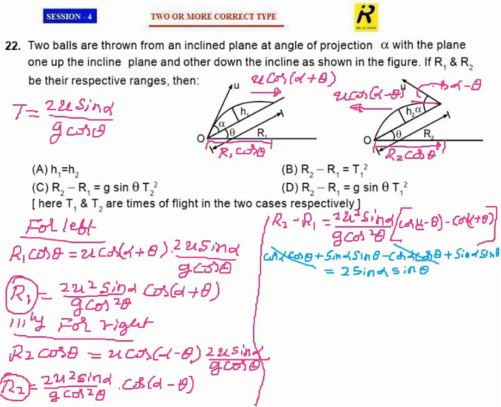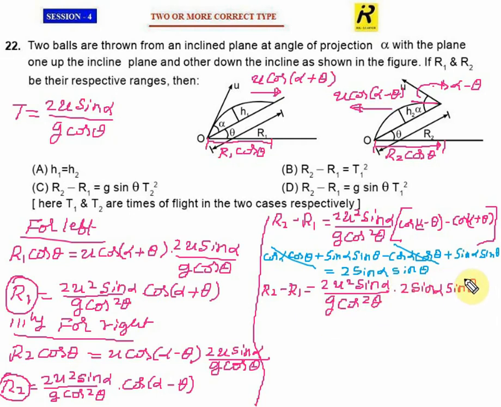So R2 minus R1 equals 2u square sine alpha divided by g cos square theta into 2 sine alpha sine theta. This is what I can write.